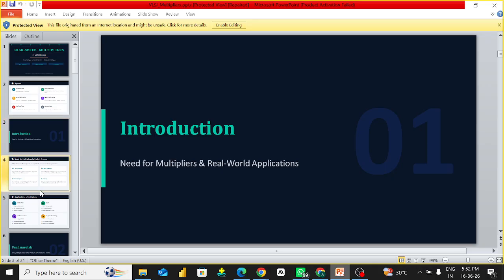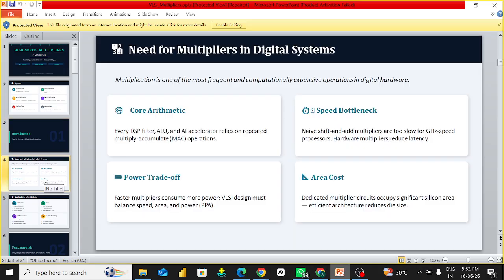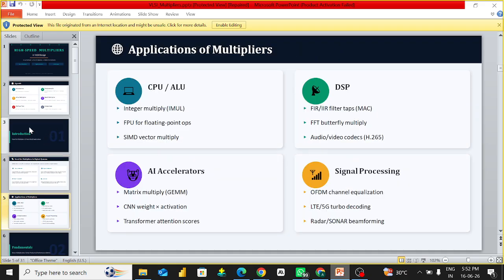Now look at this: what is the need for multipliers? If you are designing a multiplier, what are the things you need the most and why? Multiplication forms the backbone of arithmetic processing.